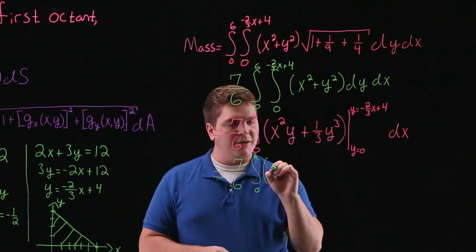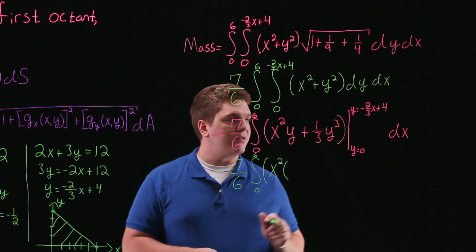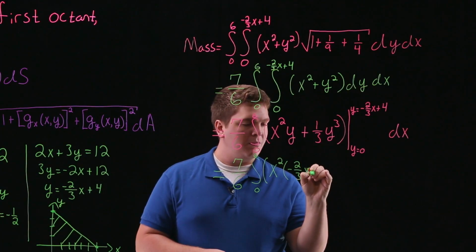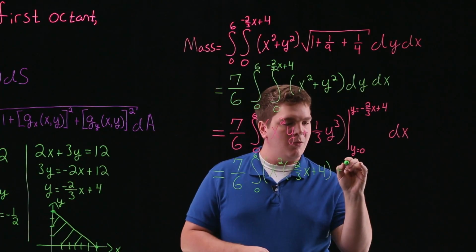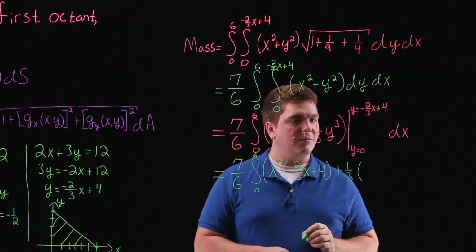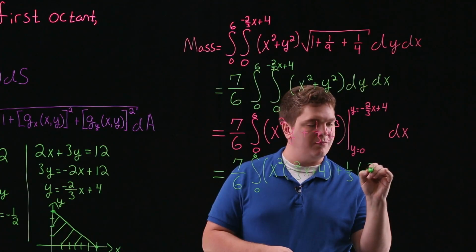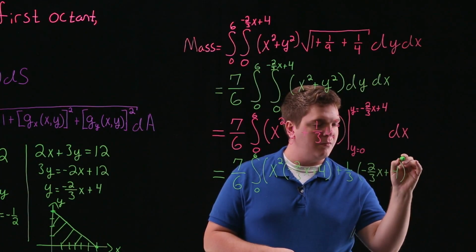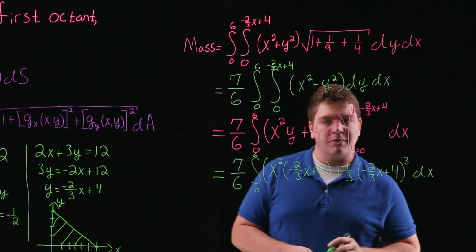Here we're going to have x squared times negative 2/3 x plus 4 plus 1/3 times negative 2/3 x plus 4 quantity cubed, dx.